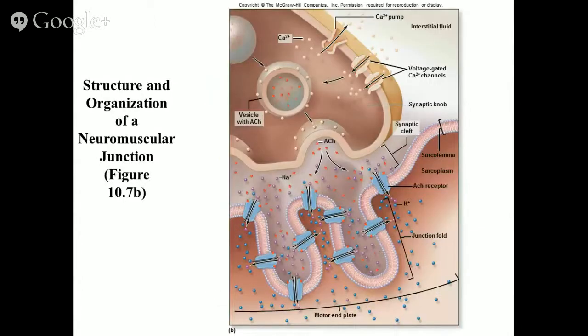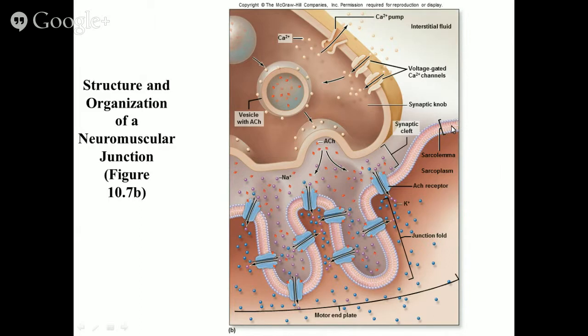So what do we do? This is the next slide, and this is also the next figure. This is actually 10-7B, which if you've got the textbook, you'll find is right below the other one. This is the synaptic knob. It's just a close-up of it. We're looking at the very corner. Here's that synaptic cleft. It's still one big space.